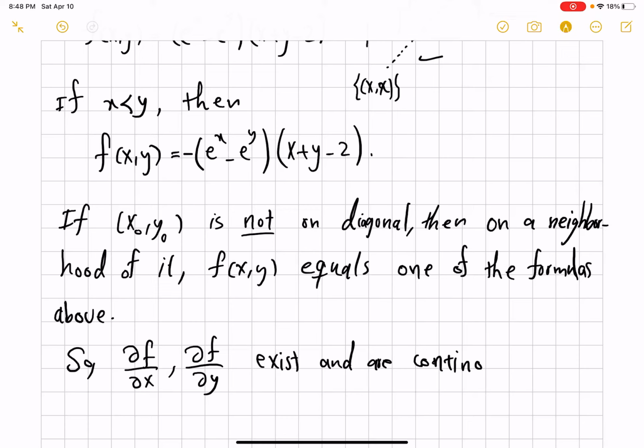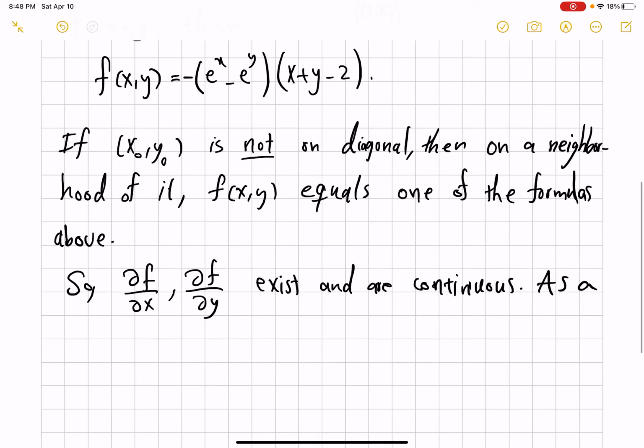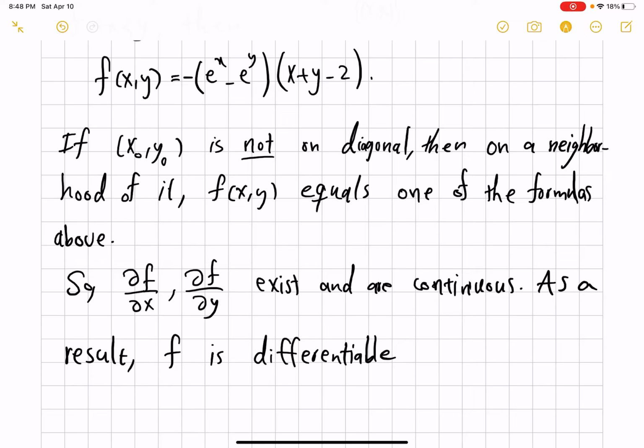So we have this famous fact that if you have continuous partials, then f is differentiable. Differentiable not only at x0, y0, but actually on that neighborhood. So that takes care of the analysis when you're away from the diagonal.